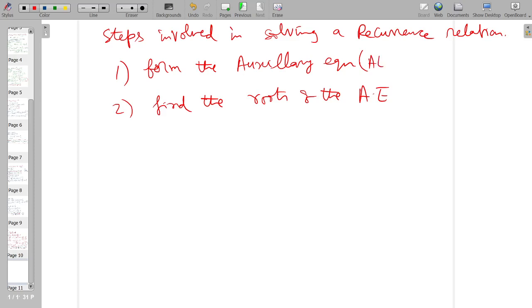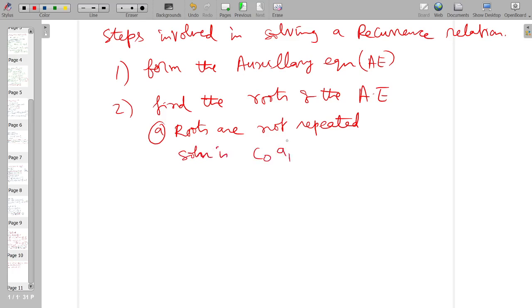Suppose you take this as AE, auxiliary equation. If the roots are not repeated, then the solution is c naught a1 power k plus c1 a2 power k plus c2 a3 power k plus so on plus cn an power k.